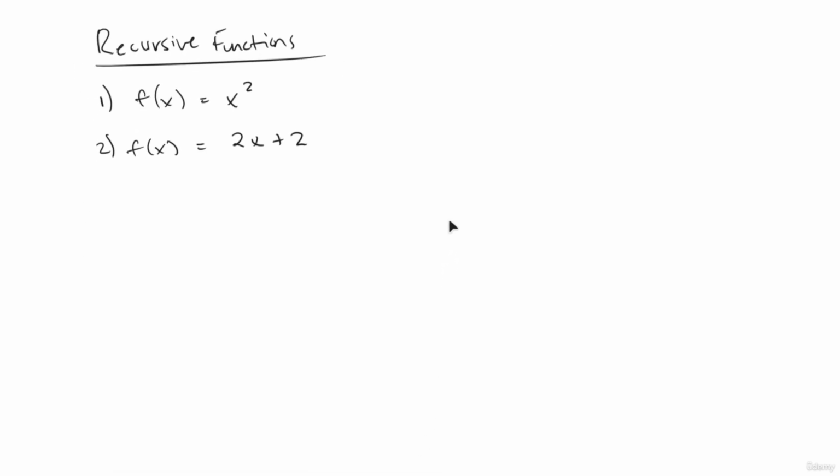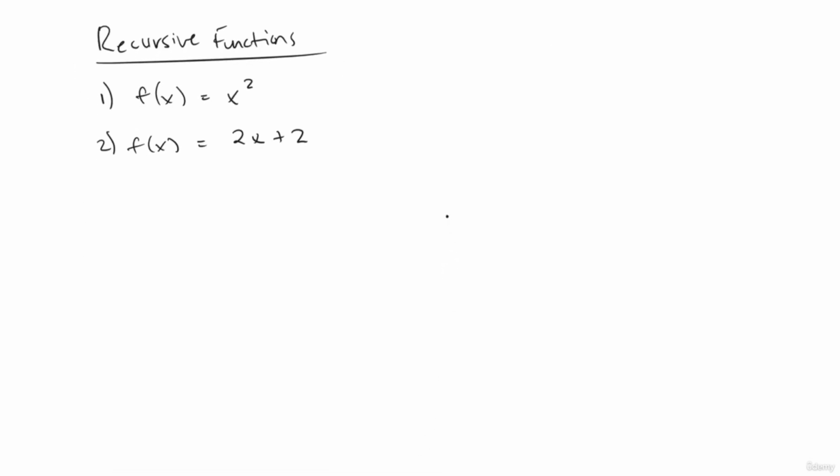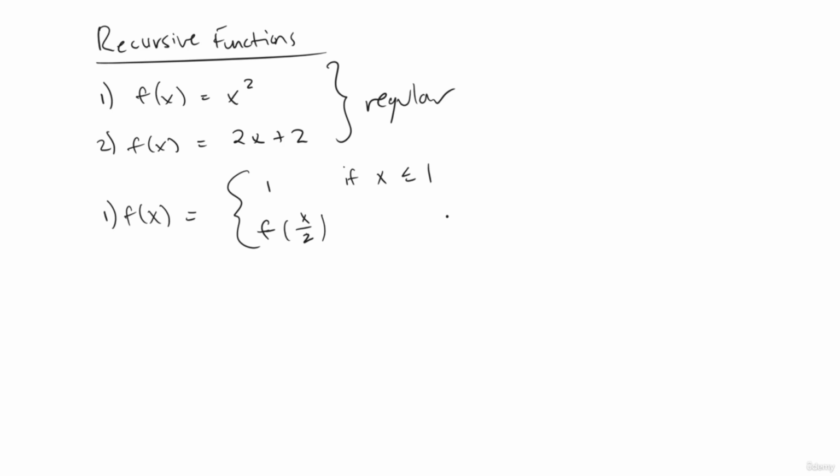So let's say I wanted to write a recursive function. Let's just say these are regular. Okay, a recursive function would look like this. Let's write f of x is equal to 1 if our input is less than or equal to 1, and if not, it's equal to f of x over 2 plus x squared if x is greater than 1.